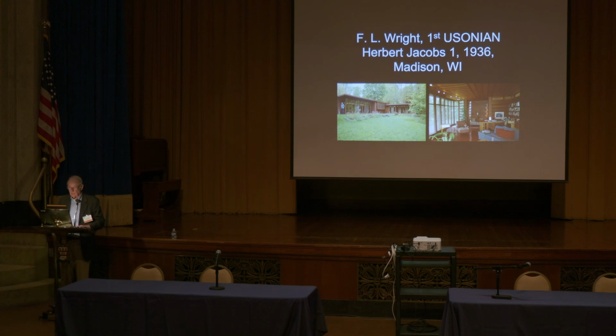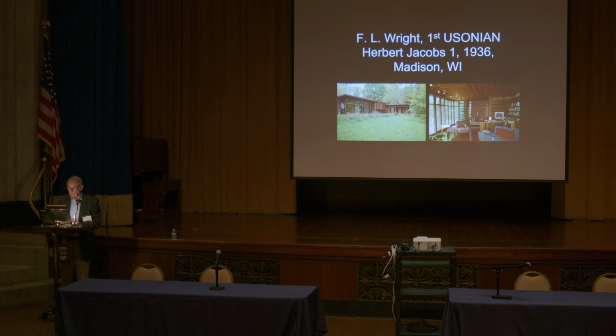And of course, I know that all of you know this, but just to point out that he does do some houses. And this is the first Usonian house that he did. He did two houses for Mr. Jacobs up there in Madison, Wisconsin, but this is normally called Usonian number one.